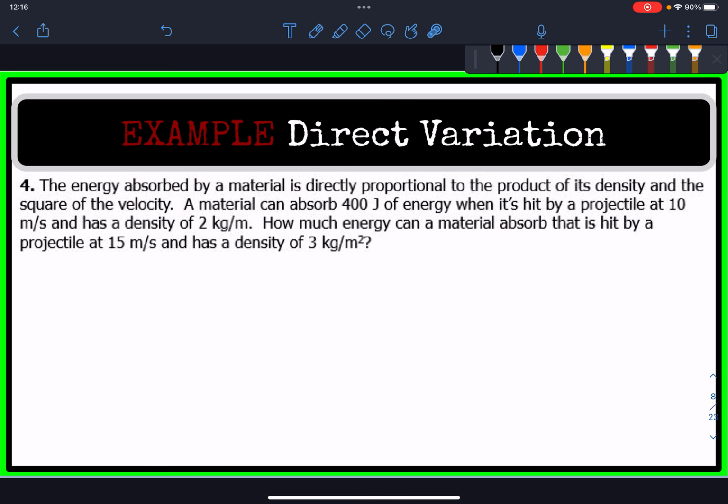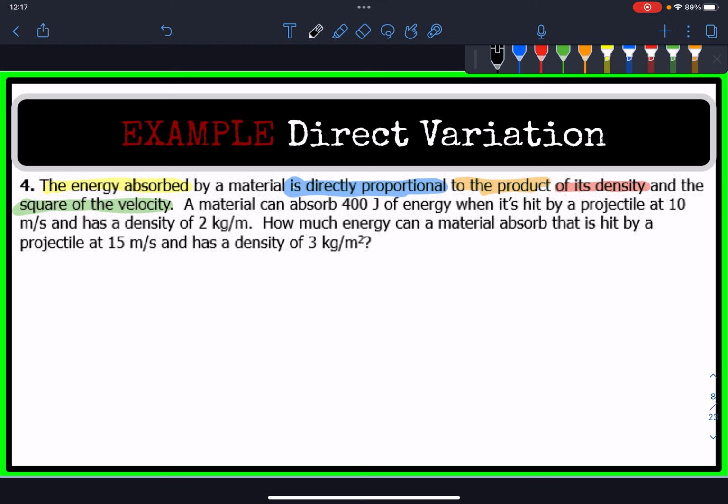The energy absorbed by a material is directly proportional to the product, which means to multiply, of its density and the square of the velocity. So here, the energy absorbed is directly proportional to the product of the density and the square of the velocity.